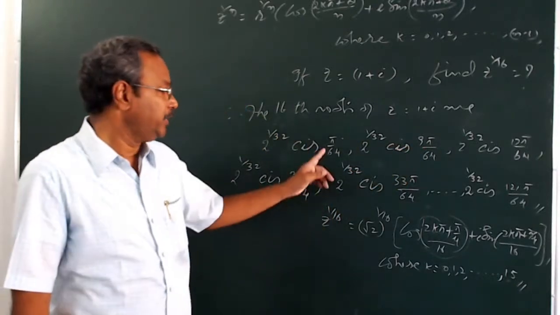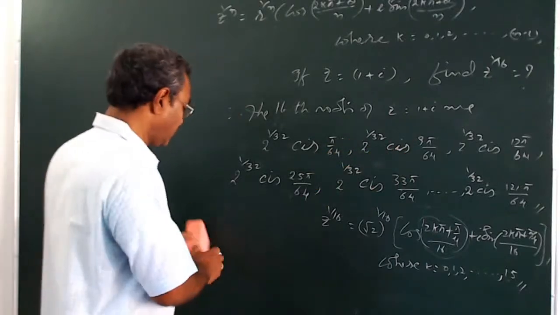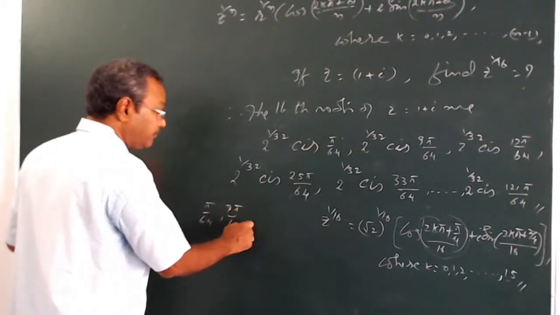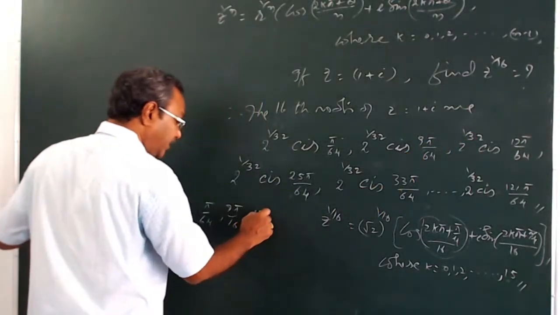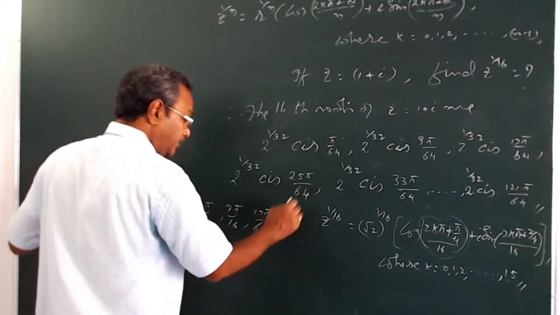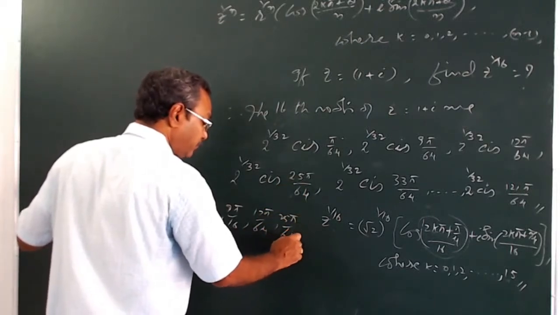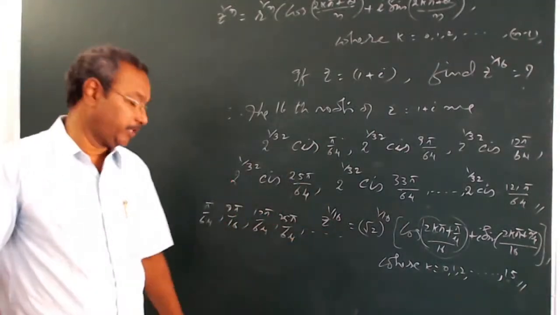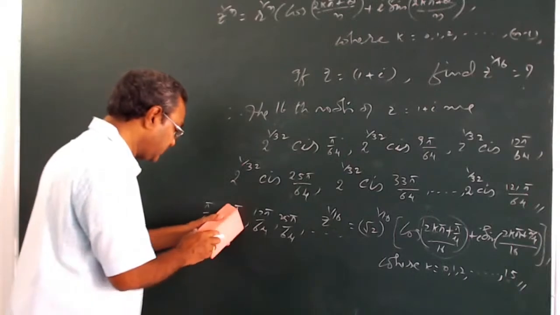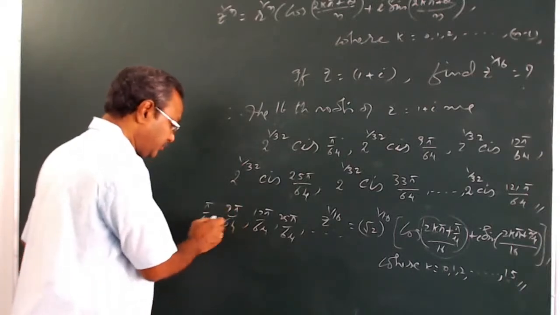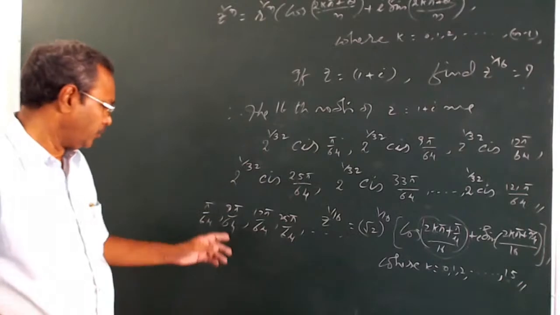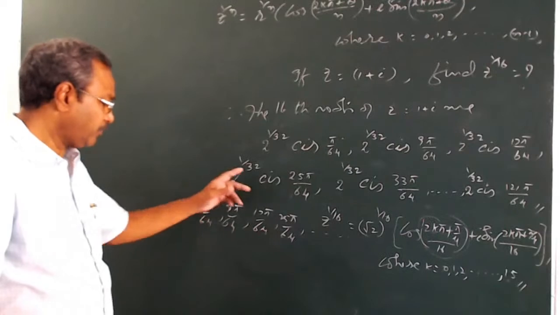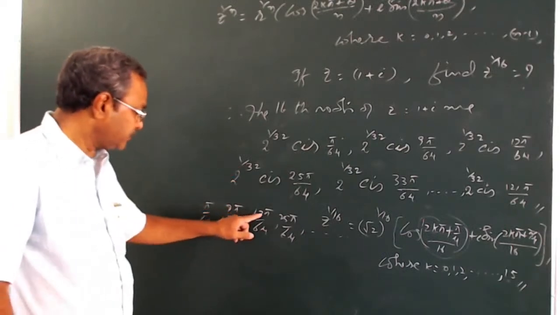Mind you, these numbers are in arithmetic progression: pi by 64, 9 pi by 64, 17 pi by 64, 25 pi by 64, etc. Look, all the denominators are exactly the same: 64, 64, 64. The numerator, this pi is common to every number. So, in effect, the sequence is 1, 9, 17, 25.